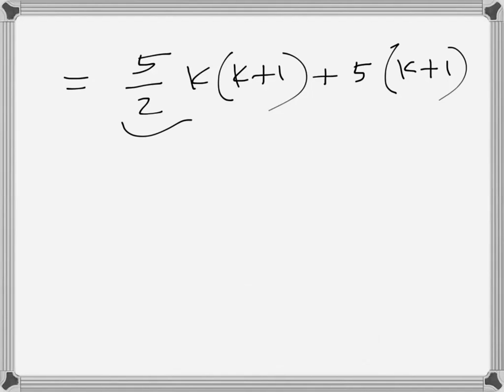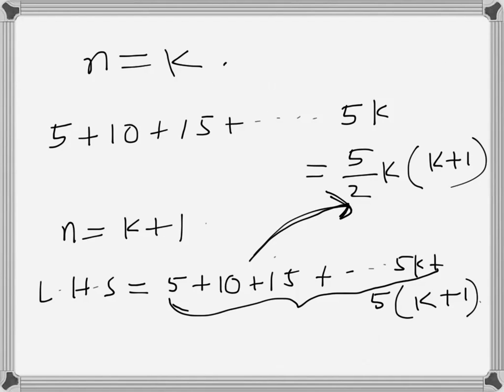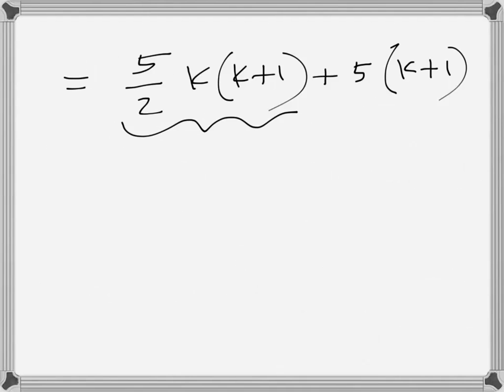So basically this one is the right hand side for n is equal to k, and instead of the series here, since this much is actually n is equal to k, and then this one is the k plus 1th term. So that's there.